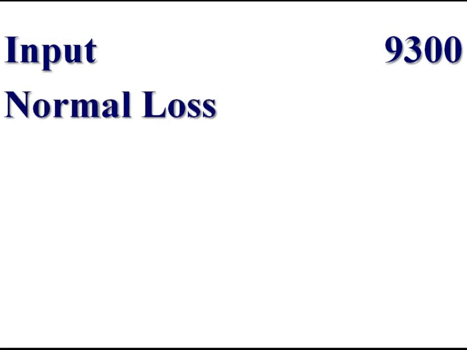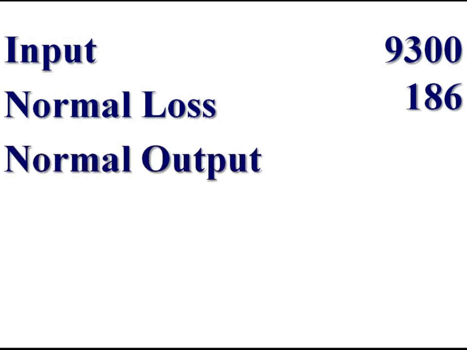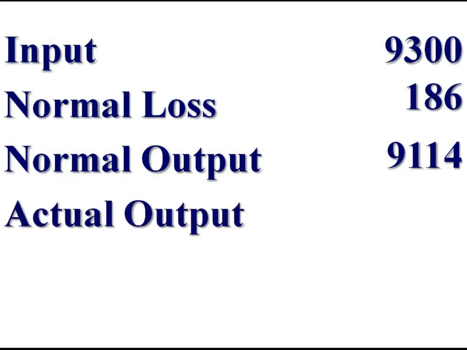See, input 9,300 units. Less normal loss at 2%, 186. Now we get normal output 9,114. Actual output being 9,200.